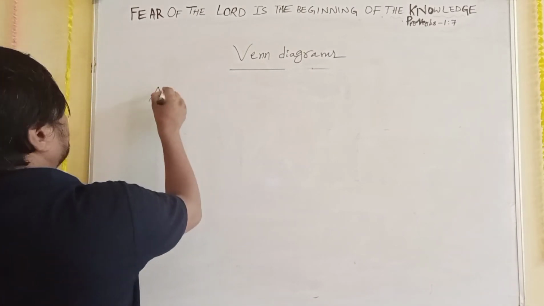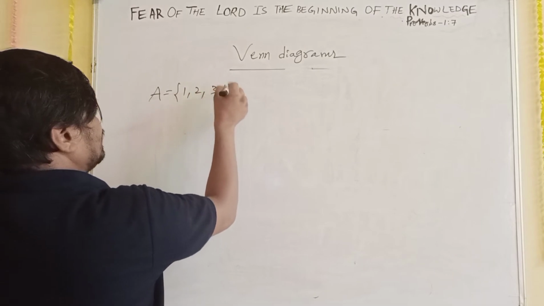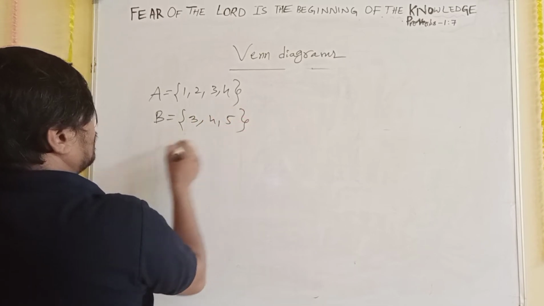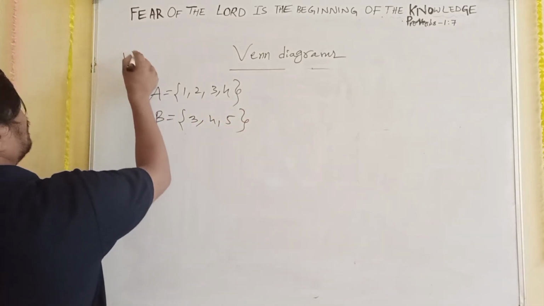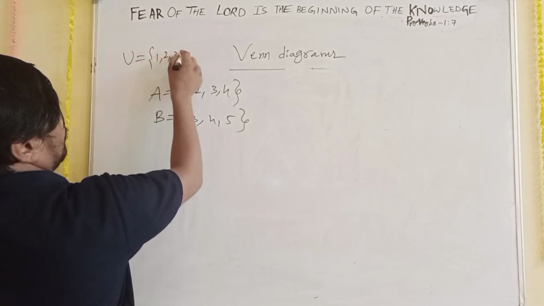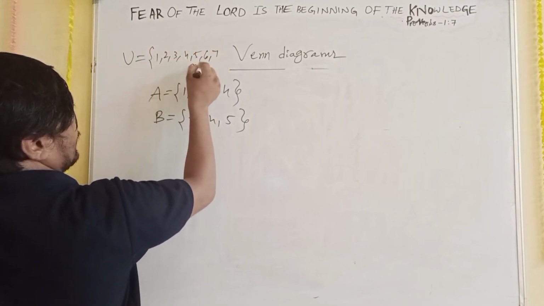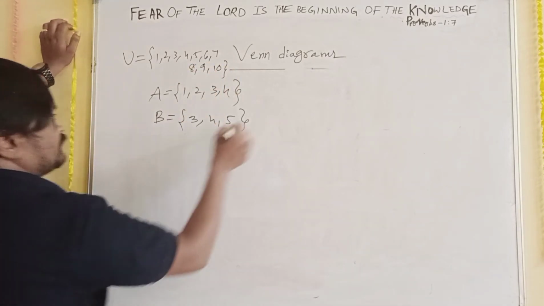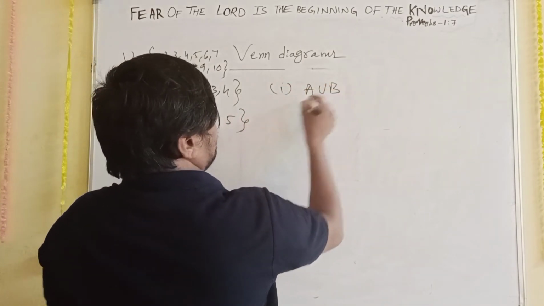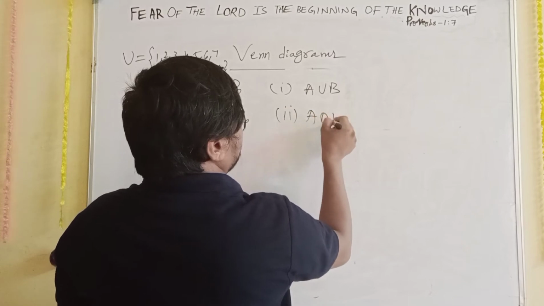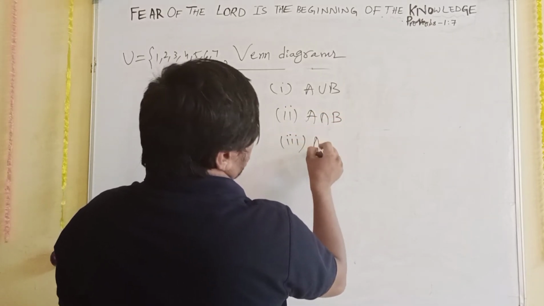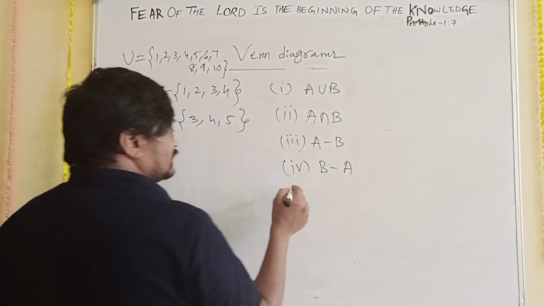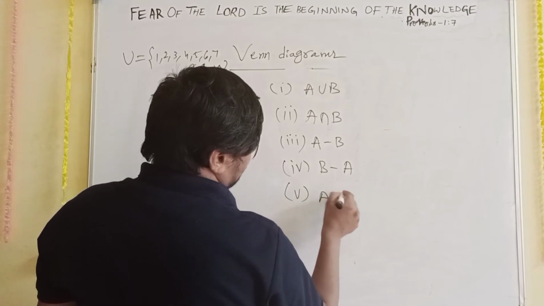So let A equal 1, 2, 3, 4, and B equal 3, 4, 5. And U is given as 1, 2, 3, 4, 5, 6, 7, 8, 9, 10. Now, how to represent this in the Venn diagram? Here you need to find first A union B, second A intersection B, third A minus B, fourth B minus A, and fifth A union B complement.